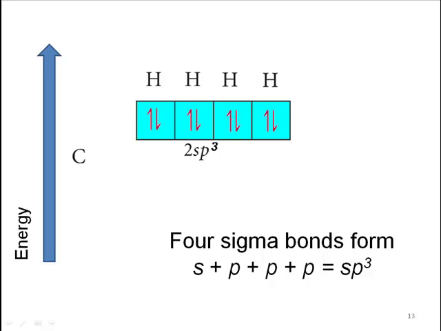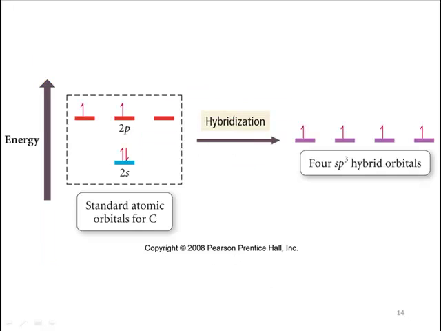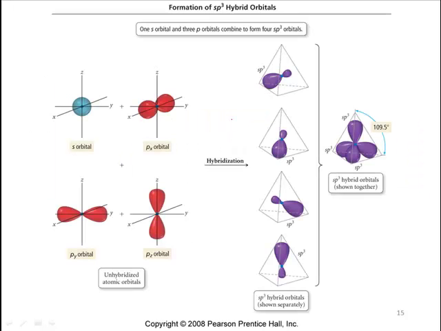There are 4 sigma bonds formed. Okay? S, P, P, P makes sp3. And there are 4 single bonds, sigma bonds, between the carbon and the hydrogen. So this is what it looks like again. These are different energies. This is at a, not quite midpoint, but it is more energetically stable. That's why hybridization occurs, or at least that's the theory.